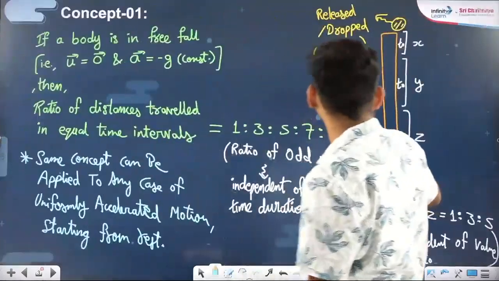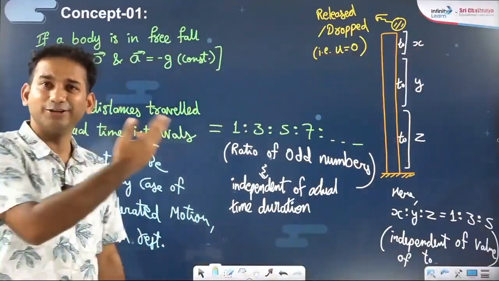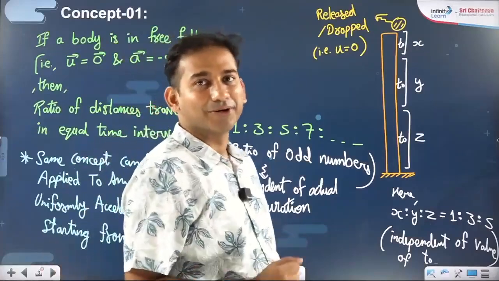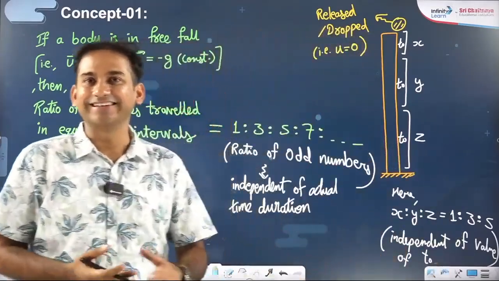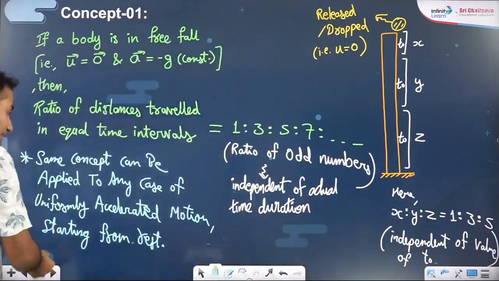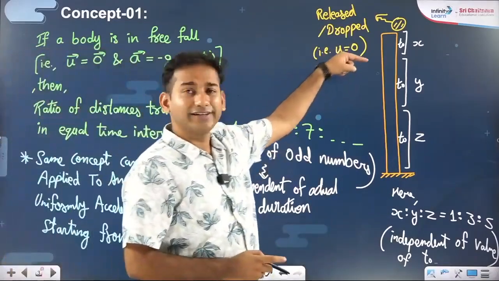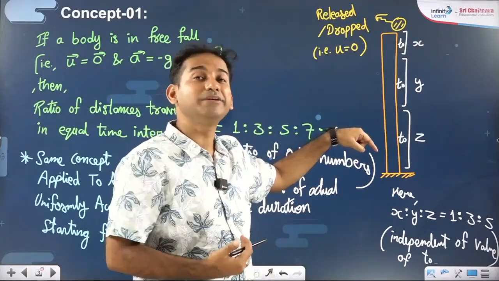The distance traveled will keep on increasing, which we have already seen here, x, y, z. What Galileo felt, you and I can also feel. But we are a bit late to get recognition. Galileo already did that. So if you take equal time of traveling, the distances traveled will keep on increasing.